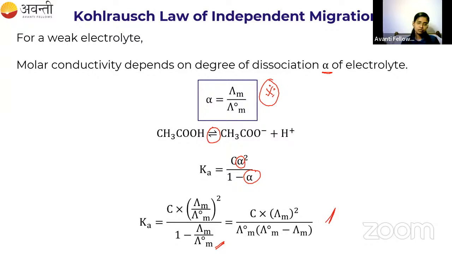All the three formulas are very, very important. The first formula, I have already told you, is very important. The Ka formula is also very important. And Ka has one more relation, which we get from the first two. That is also very important. Got it? Clear?